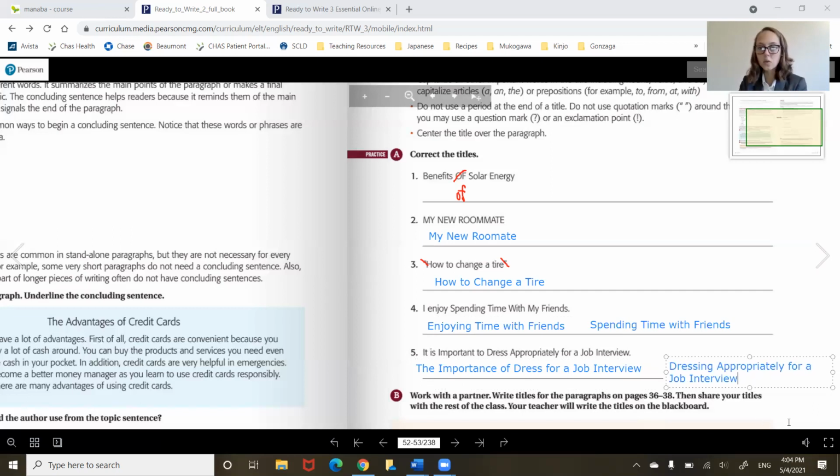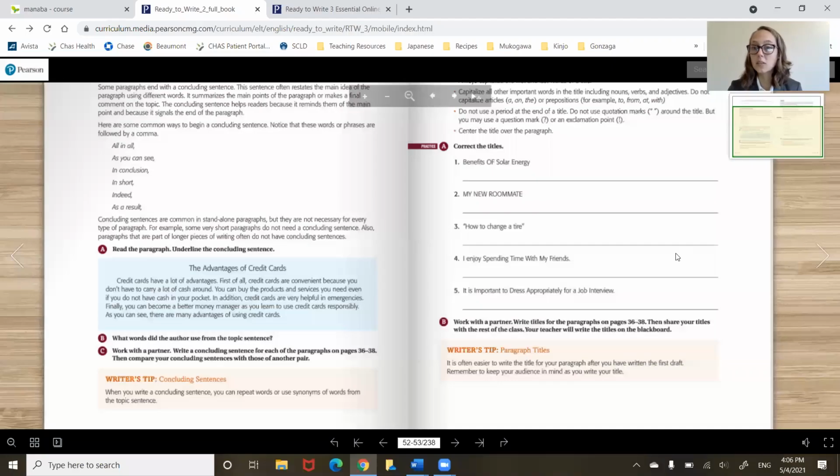Okay. Also, you see that when I'm creating these titles, a lot of them are with a gerund, right? Enjoying time, spending time, dressing appropriately. All right, so check your answers. Give yourself a check if you got it, or write another version if you need to add a note. Okay, so that's what we're going to say about titles.